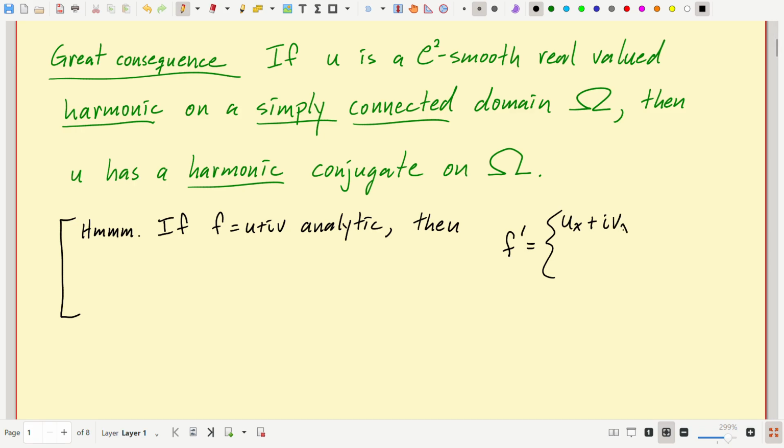That was red box number 1, that I got by differentiating in the horizontal direction. And then red box number 2 I got by differentiating in the vertical direction. And that one was dv dy minus i du dy. And we got the Cauchy-Riemann equations by equating red box number 1 and red box number 2.